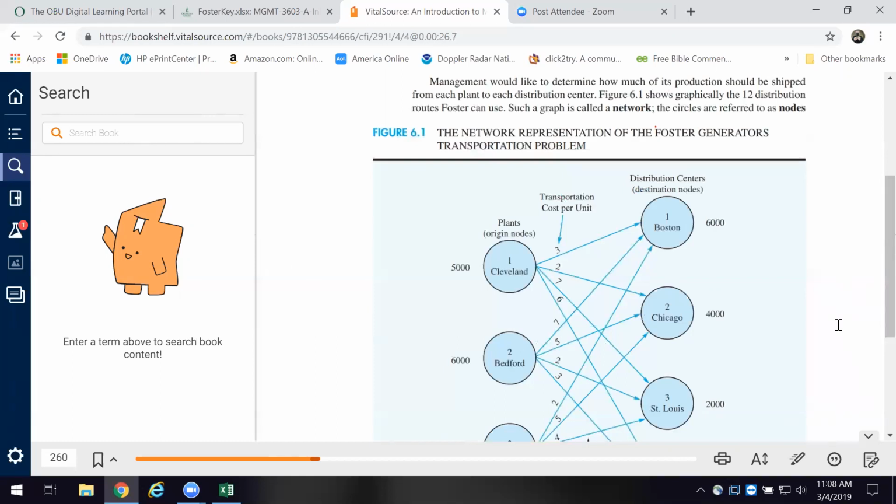Now, this is just the first step, essentially, as they present the problem in terms of the plants and the distribution centers, and you may have sub-distribution centers, maybe a couple of those down the line, or you may just have straight shipment to a customer.